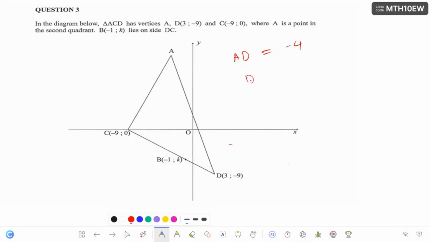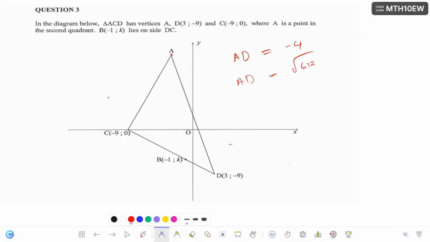And the length of this AD is the square root of 612. So they want us to calculate the coordinate of A.